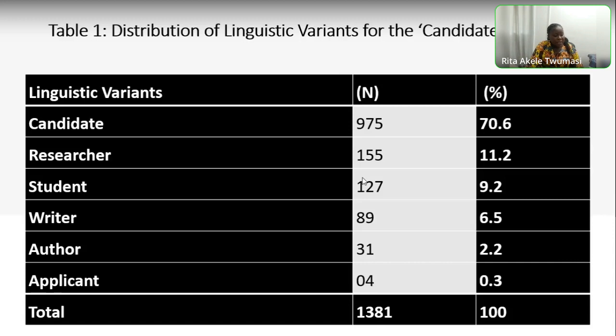Now, if you consider the data in the table, you will see that the least written variant was applicant, which was 4 occurrences and 0.3%, followed by author with 31 occurrences, representing 2.2%.